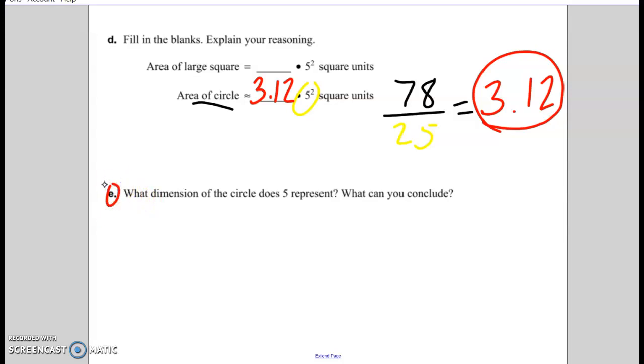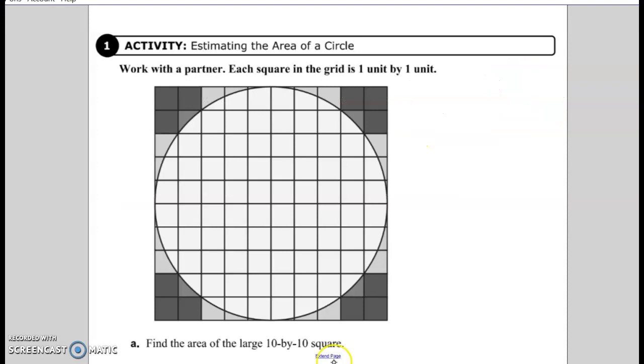Now we have to think about why on earth 5 squared. What dimension of the circle does the 5 represent? Well, this was a 10 by 10 square, which means that it was 10 all the way across, but we're not talking about 10, we're talking about 5. So what part of the circle is that?